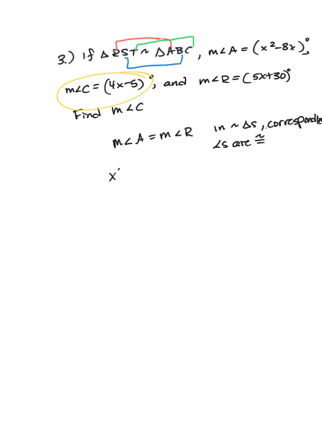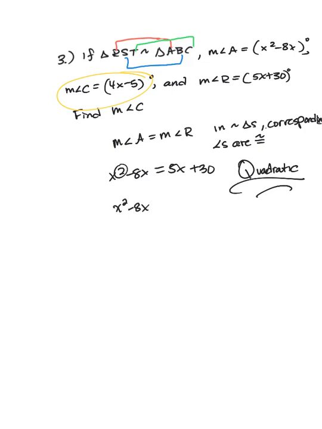So set these expressions equal. Okay, again, what kind of an equation is this? It's one of my pet peeves when kids don't know that it's called a quadratic equation because of the squared. Bring everything to the left. By now you should just be able to change the sign and bring it over to the left.